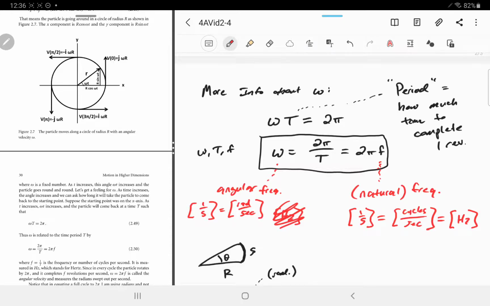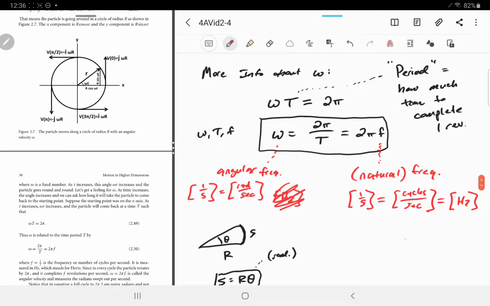If someone says something has a frequency of 3 hertz, they don't have to use the word natural frequency. They can just say frequency because it's implied when they say the word hertz that they're talking about natural frequency. Okay. And then from the equation, you should see that if f is 1, if you're going around one circle per second, that's an angular frequency of 2 pi radians per second. So the equation should make sense at this point. And then f is 1/T.